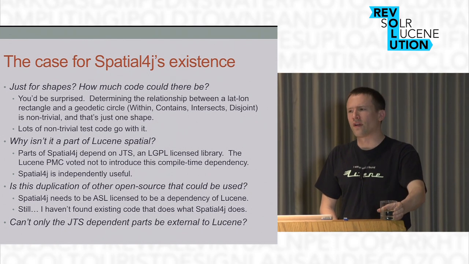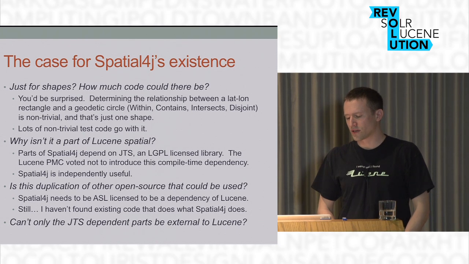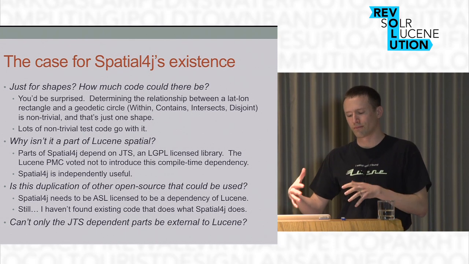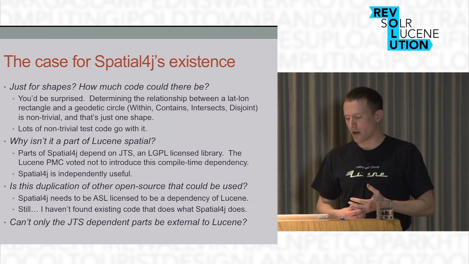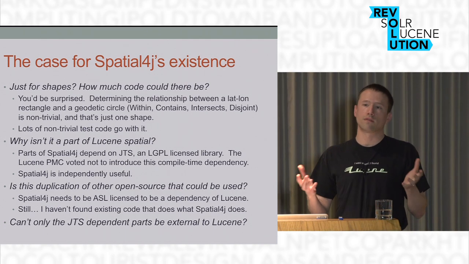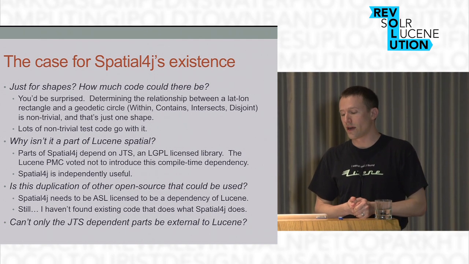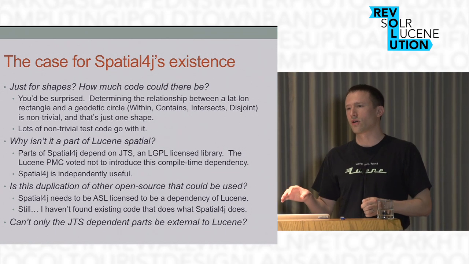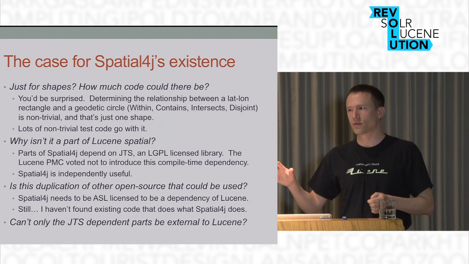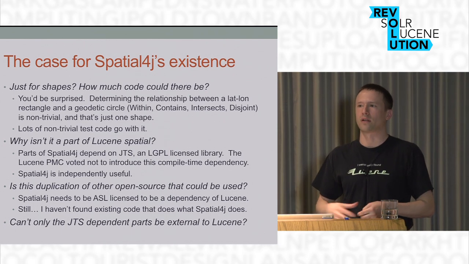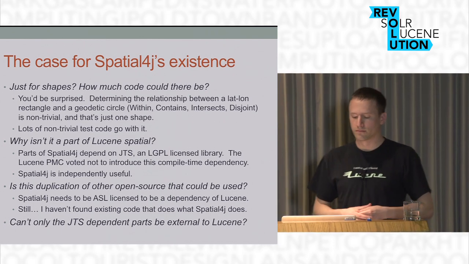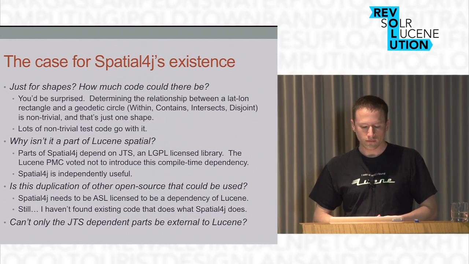In some cases, I just didn't find it, like a rectangle within a geodetic circle. I could have looked more thoroughly maybe, but I was not finding it. And there's so much LGPL-licensed code out there that is spatial it's not even funny. Most spatial code out there is LGPL licensed, a lot of it. So it's kind of disappointing.